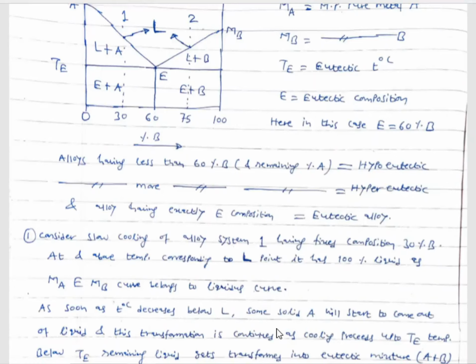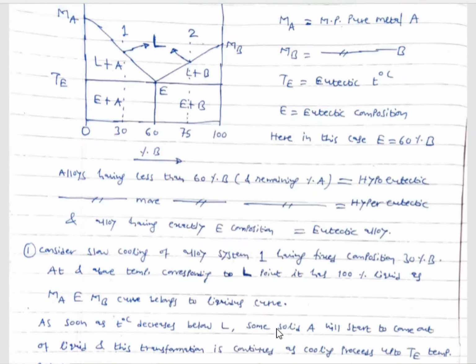As MA, melting point of metal A, E, and MB, this particular curve is called liquidus curve. And as earlier we had seen the definition of liquidus curve, the temperature at and above which 100% liquid is obtained.